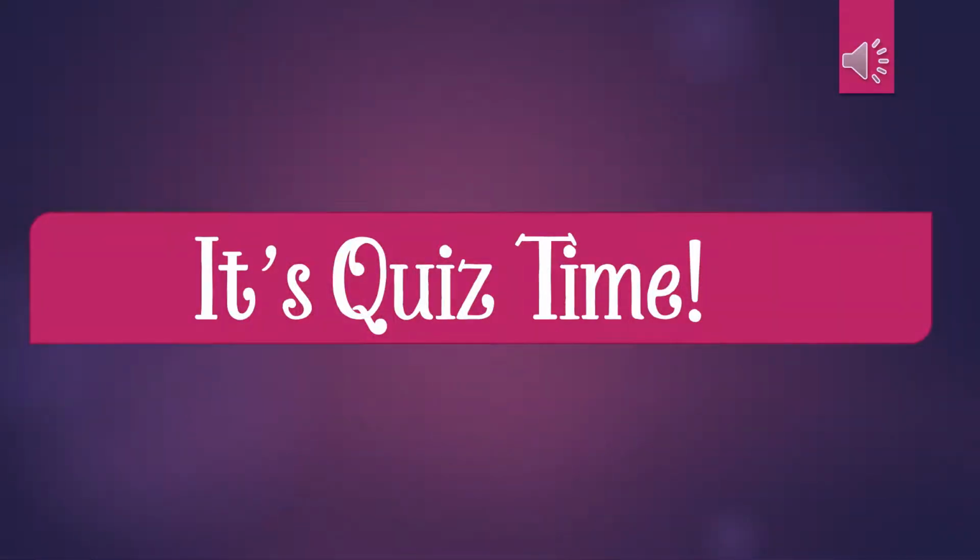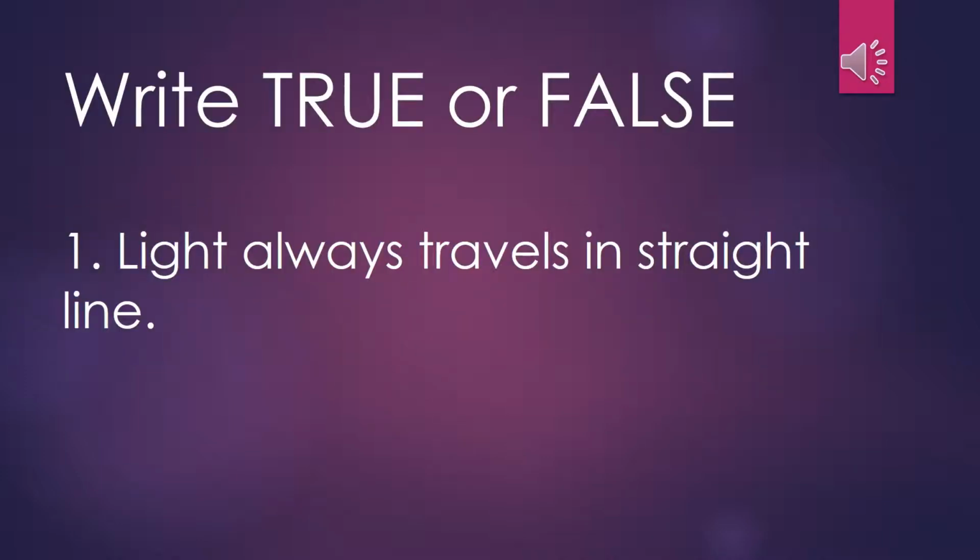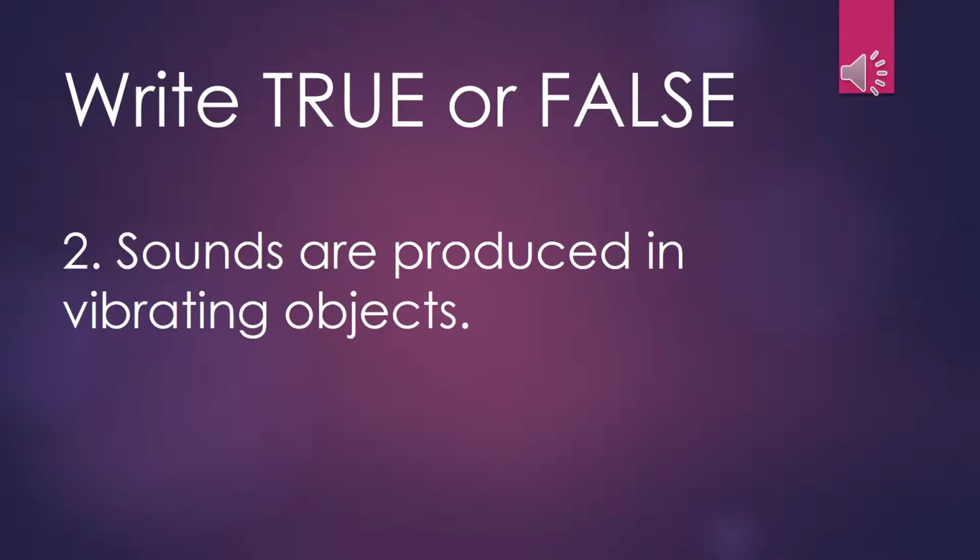It's quiz time! Directions: write true or false. You will be given 5 seconds to answer this simple quiz. Number 1. Light always travels in a straight line. Number 2. Sounds are produced in vibrating objects.